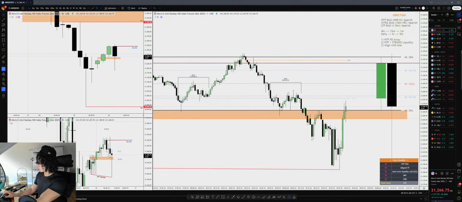So I'm going to mark out this hourly gap. From this hourly gap, we already had SMTs at the lows. We already had some sort of sweep of the sell side. So the swing point low that we made inside this hourly gap, clear SMTs at the lows as well. So right now I like this for price.